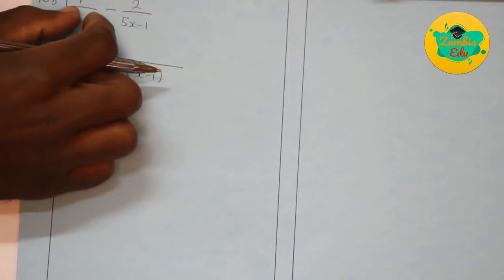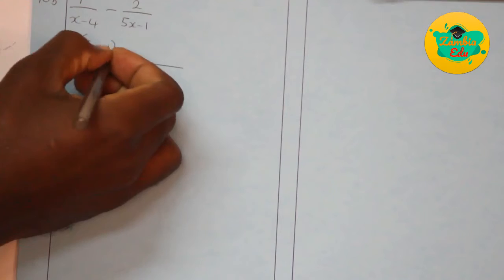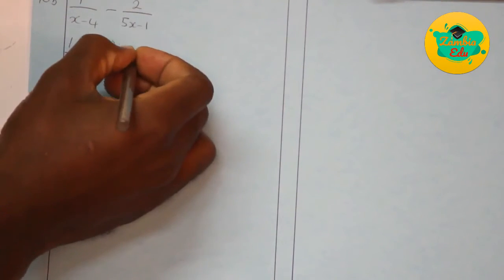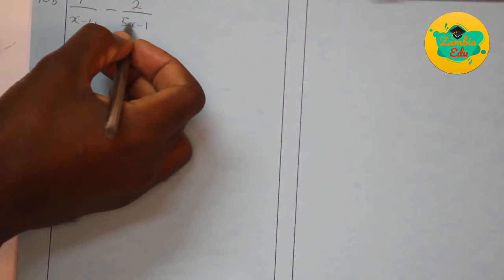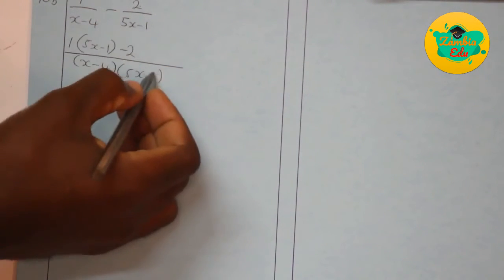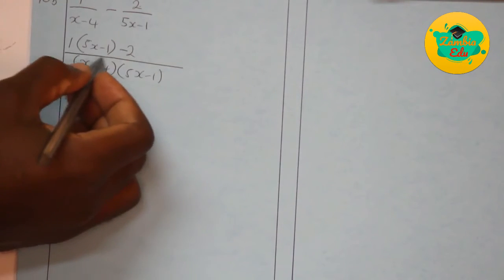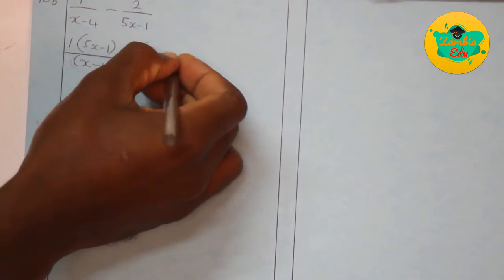So if you are dealing with this one, just pick up that one, which will be 5x minus 1 minus the 2 that is on top there. 5x minus 1 into the common denominator, so that and that cancels each other, so meaning you just pick up this other one. So you have open bracket x minus 4.